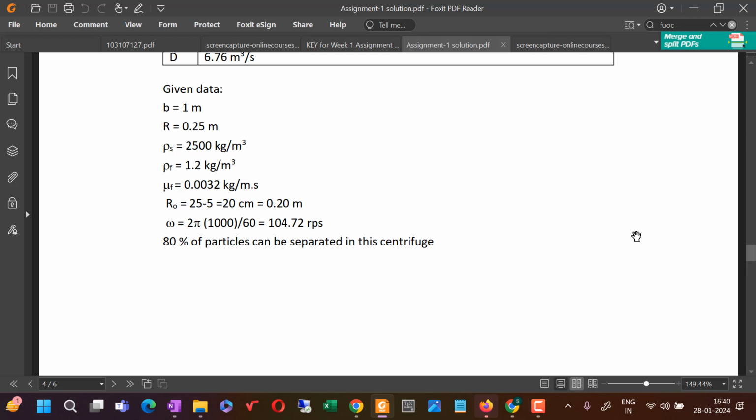It is to be calculated, because what is 5? This R0 is the parameter which will be coming up in the equation. So this 25 centimeter is the complete radius, and 5 centimeter is the thick layer.